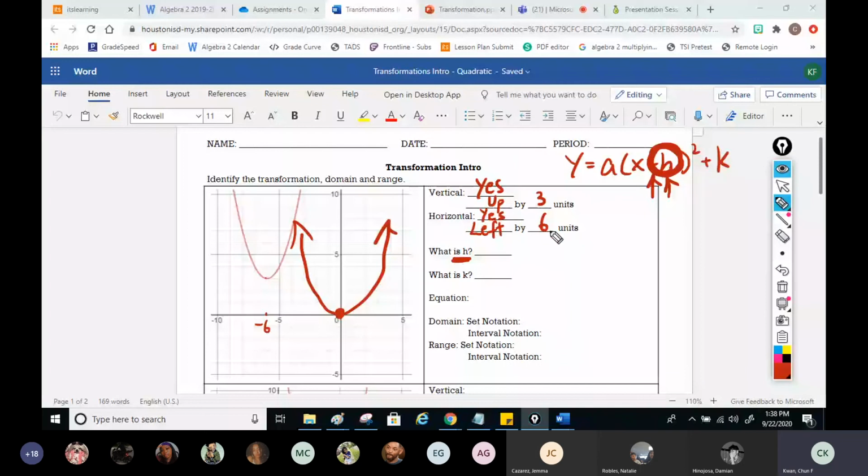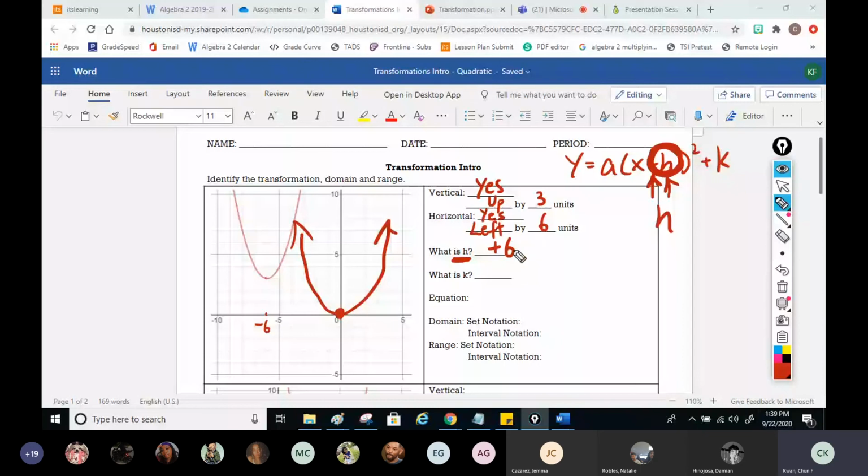That means left is going to get me a positive, and then you're going to need a 6. That is your h. You have a positive because it's shifted to the left, and you go left by 6 units.